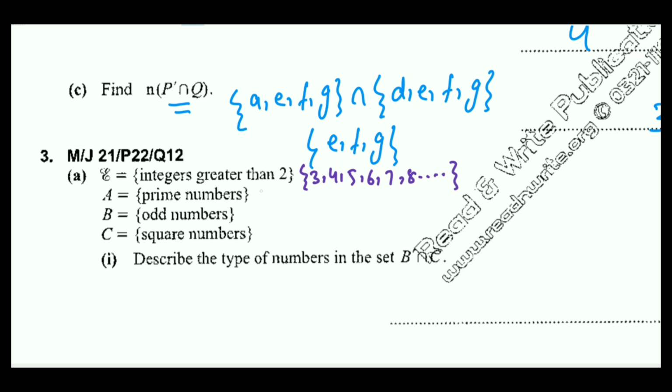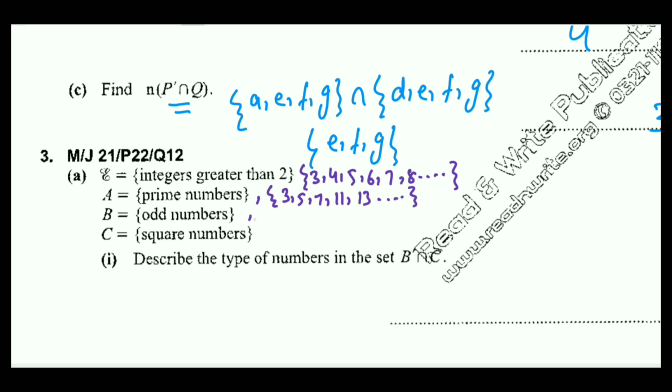Prime numbers will be selected from that universal set. So prime numbers are 3, greater than 2, because the set is greater than 2, 2 will not be included. 3, 5, 7, 11, 13 and so on.